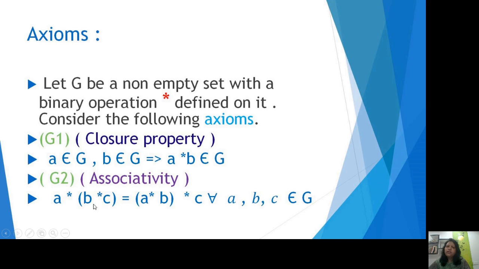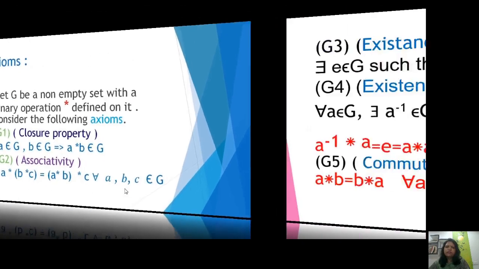On the LHS it is with the last two elements, and on the RHS it is the first two elements, but the value does not change. If this condition is satisfied, then we say that the associativity property is satisfied.